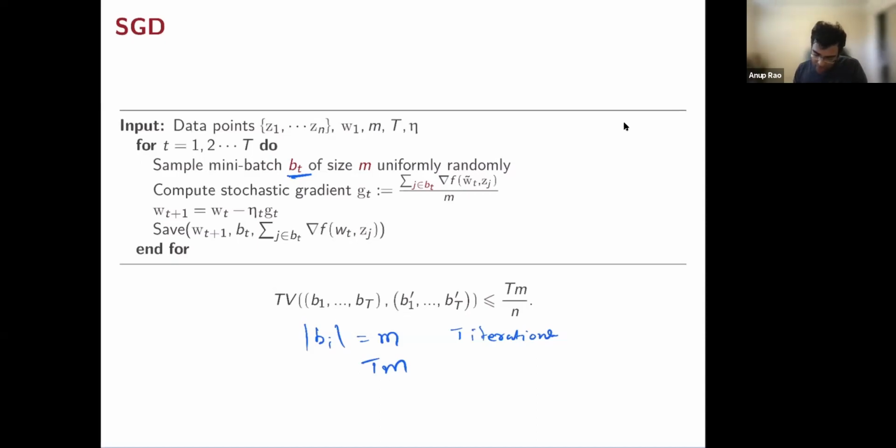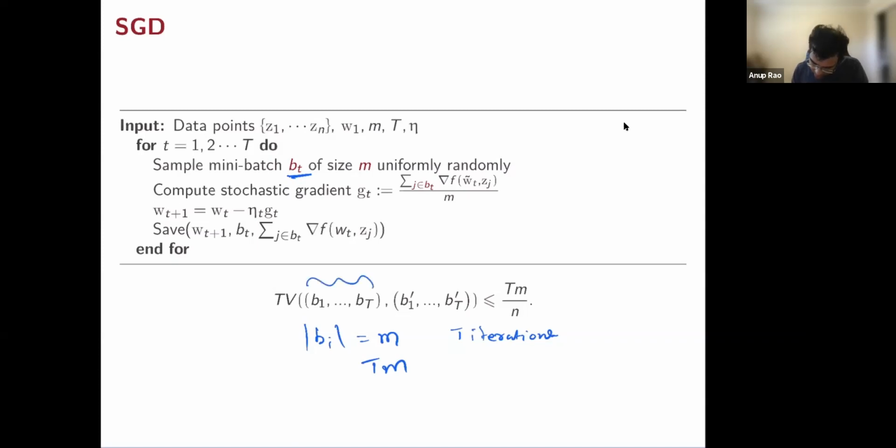So to compute the total variation distance just between these mini batches, it's sufficient to see that if we do T mini batches here, what is the probability that we sample a deleted data point?